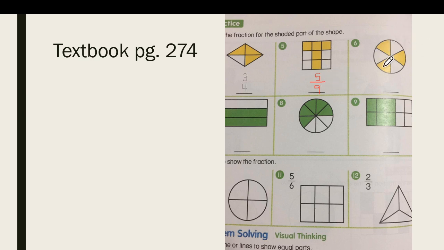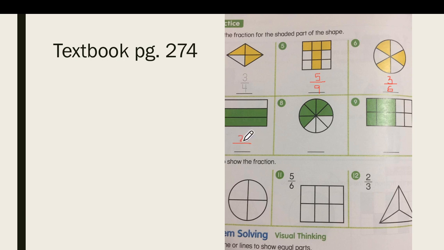Correct. Here, let's write. Draw the line. How many parts are shaded? 3. And how many are there in all? 6. 3 out of 6 or 3/6. Let's go to the green parts. Draw the line. How many parts are shaded? 2.